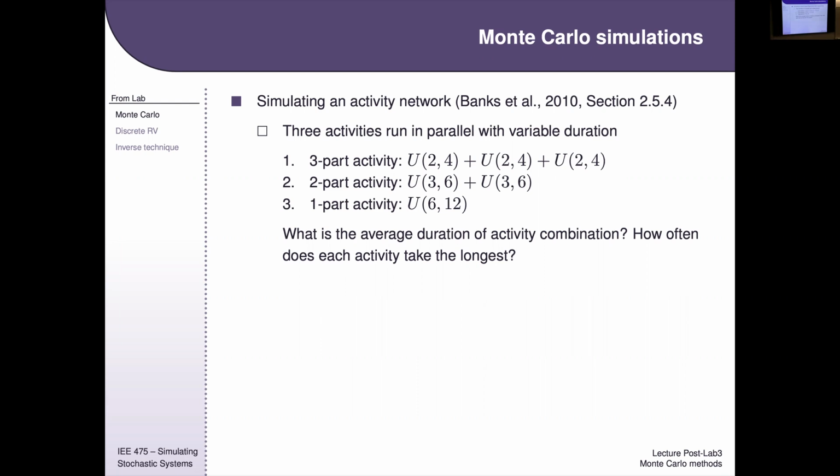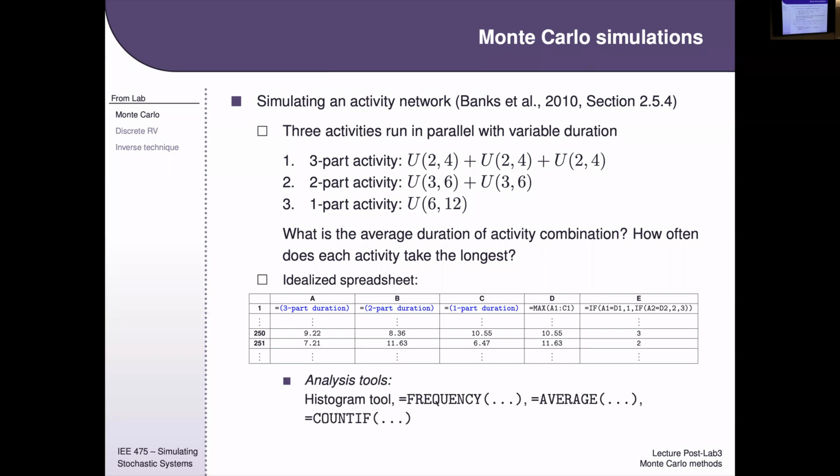We all know, due to linearity of expectations, all 3 of these, the top one and parts 1, 2, and 3, all have the same average per path. So it seems like the whole network should have an average duration of 9.